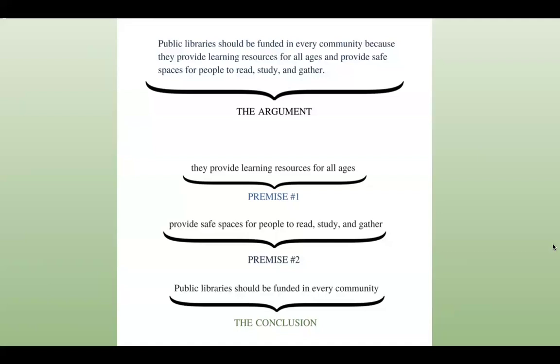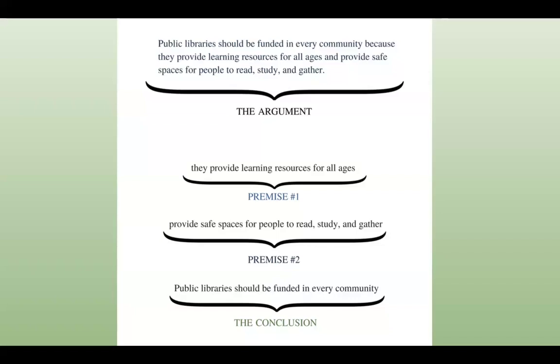So this is a model that helps you visualize the structure of an argument. The main argument here: public libraries should be funded in every community because they provide learning resources for all ages, and they provide a safe space for people to read, study, and gather. Okay, so then we know that's the actual argument. Premise one is that they provide learning resources for all ages.